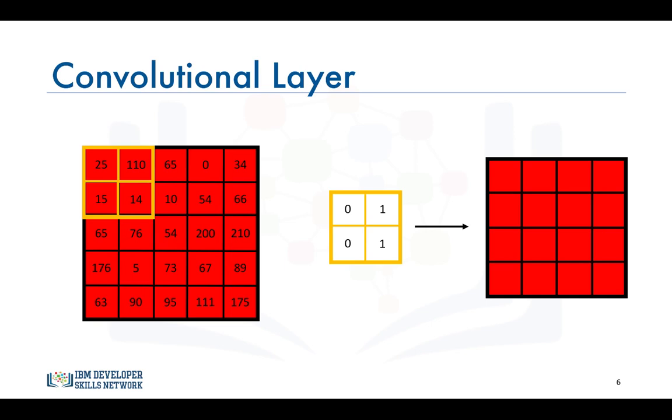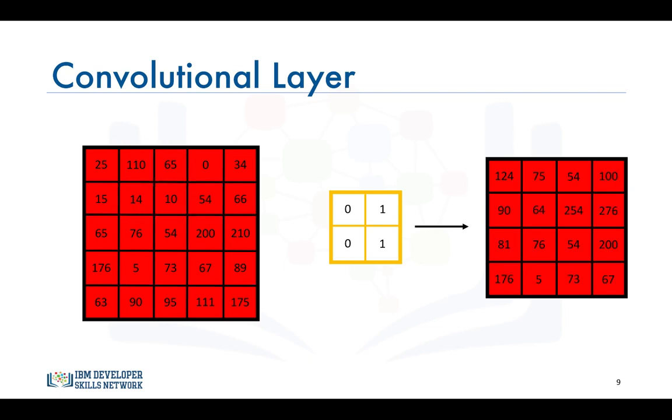We start by sliding the filter over the image and computing the dot product between the filter and the overlapping pixel values and storing the result in the empty matrix. We repeat this step, moving our filter one cell, or one stride is the proper terminology, at a time. And we repeat this until we cover the entire image and fill the empty matrix.